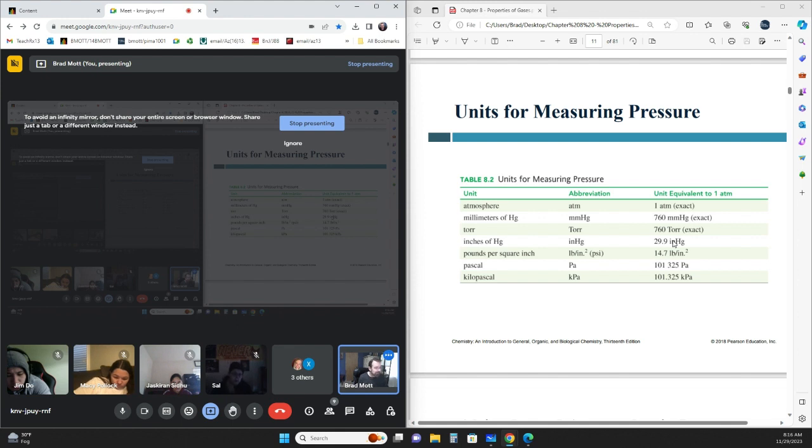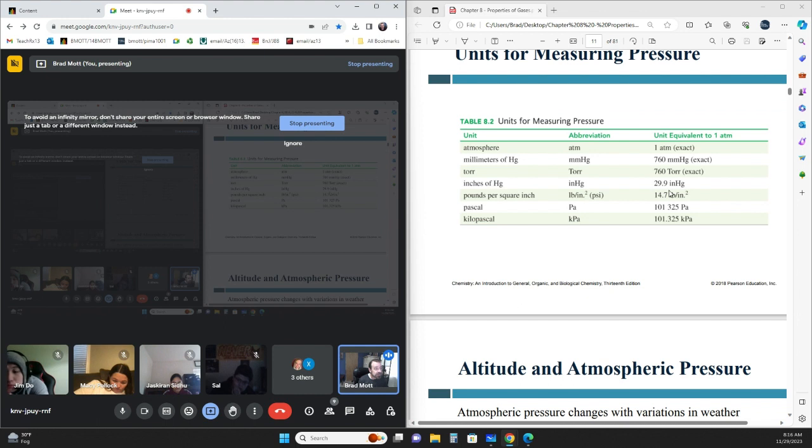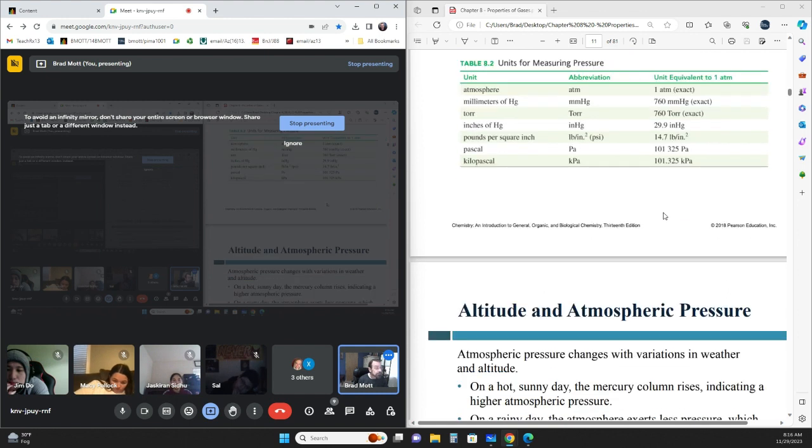Barometric pressure might be about 30 and a half right now outside. Pounds per square inch is what you see when you're putting air in your vehicle or your bicycle. And pascal and kilopascal we would look at if we were doing a more advanced math class.